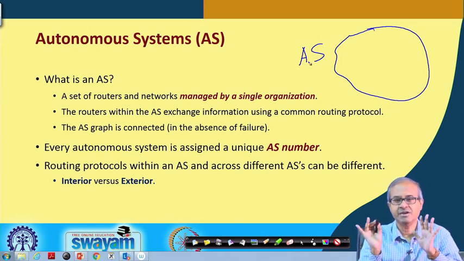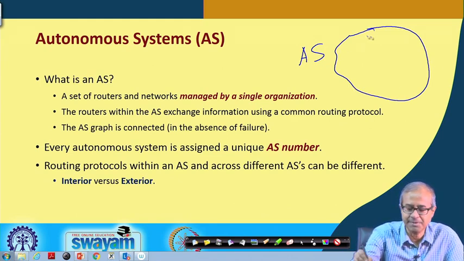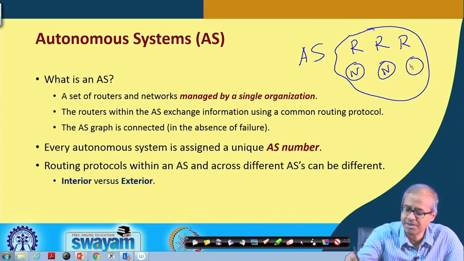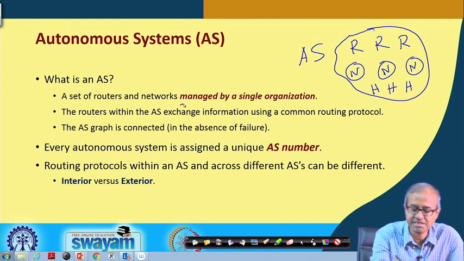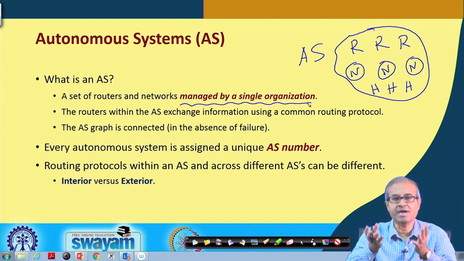AS is loosely defined as, inside this there can be many routers, many hosts, and multiple networks, not a single network, and obviously a large number of computers. Now, if all of them are managed by a single organization, then we can define it as an AS.